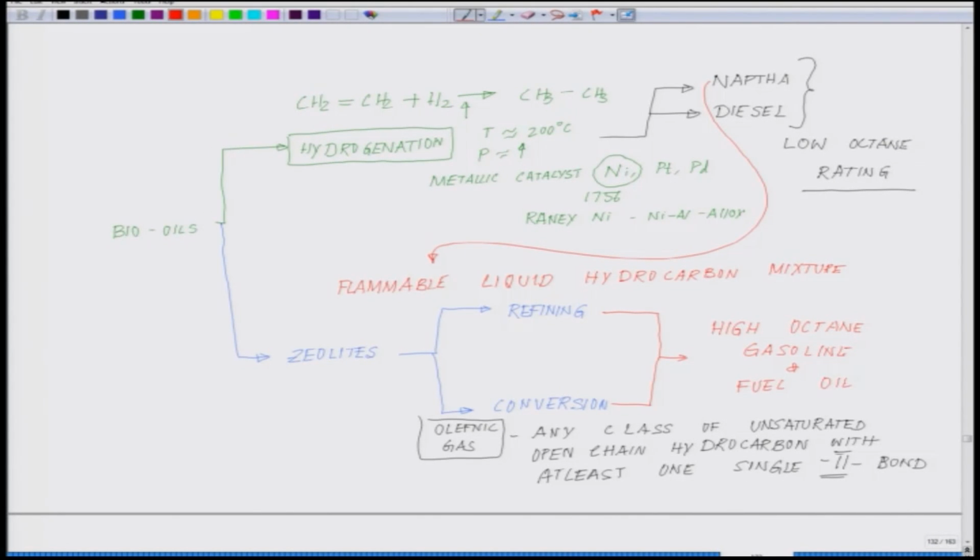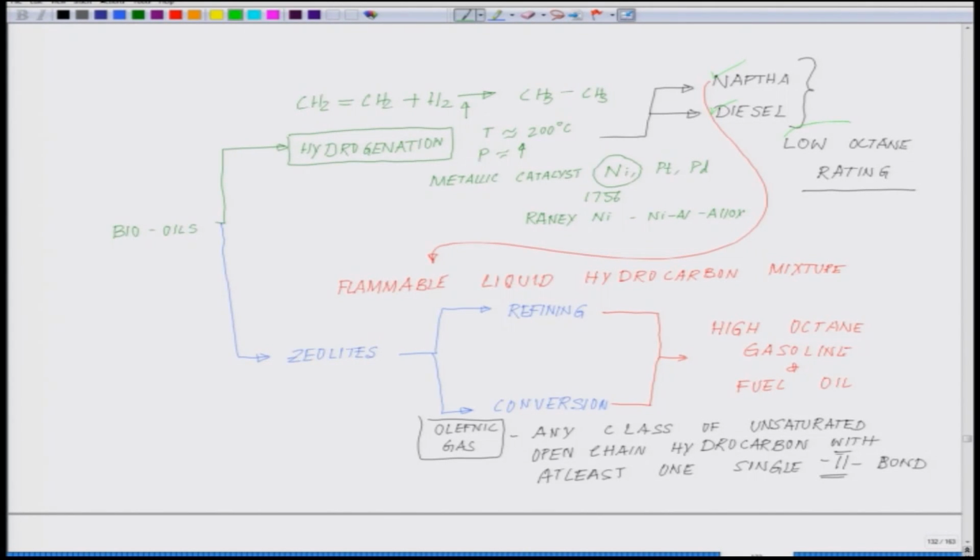Now, while looking at this whole thing, you may realize there are a few words which are new to you, which I have not discussed in the last class, and I told you in the next class I am going to discuss it. The first word, what we have discussed was naphtha. We have already discussed this. Diesel is another fuel which has low octane number.